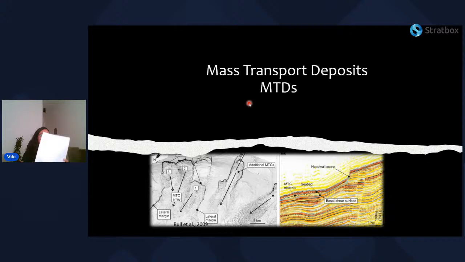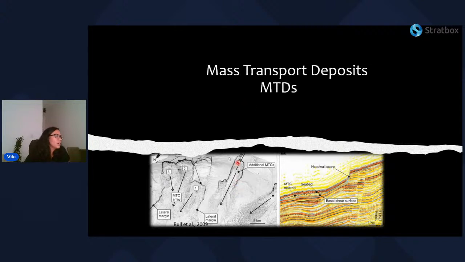Okay, so let's start with MTDs. MTDs are the deposits of submarine landslides. MTD is a term used to classify different cohesive flows such as slides, slumps, and debris flows, and they vary in size up to 1,000 cubic kilometers, and they are greater than 200 meters thick.